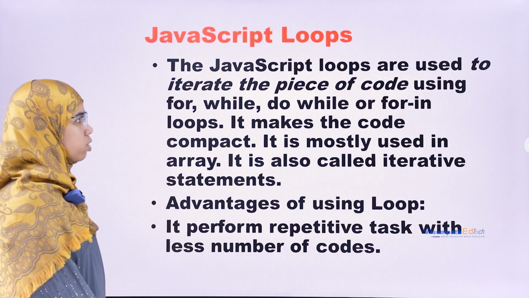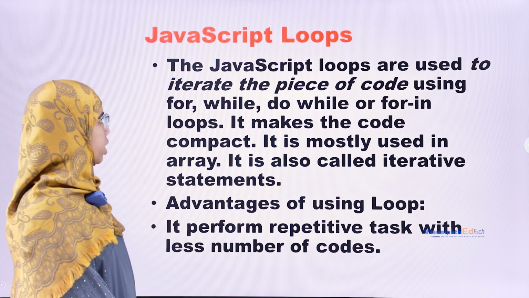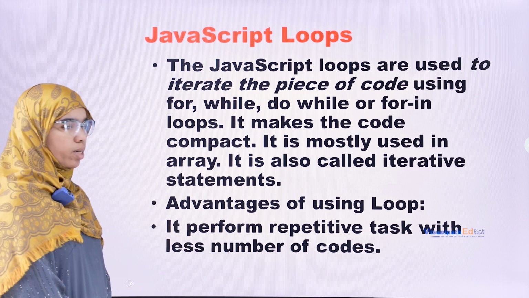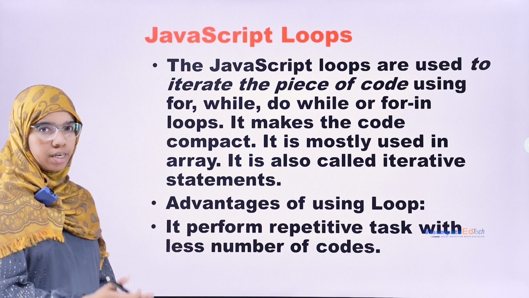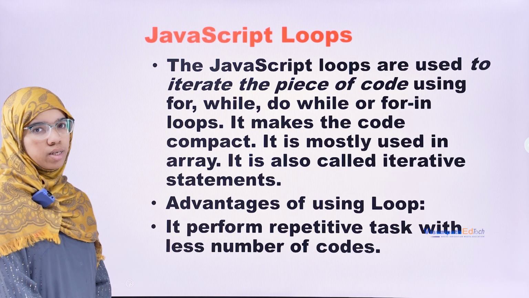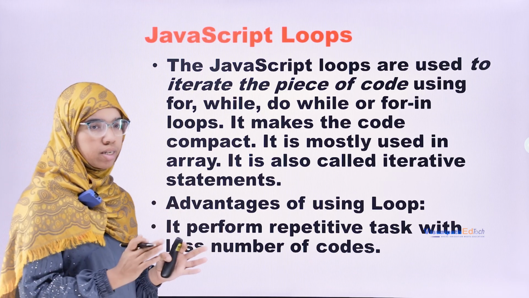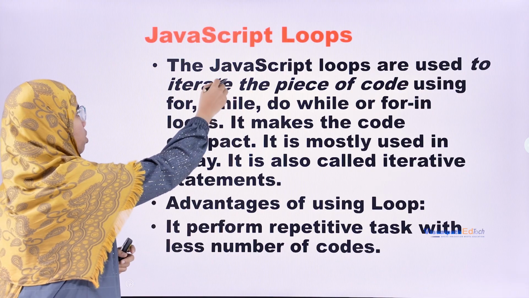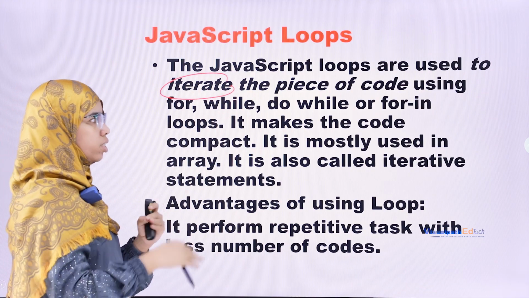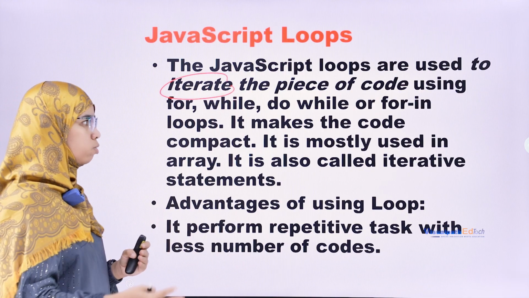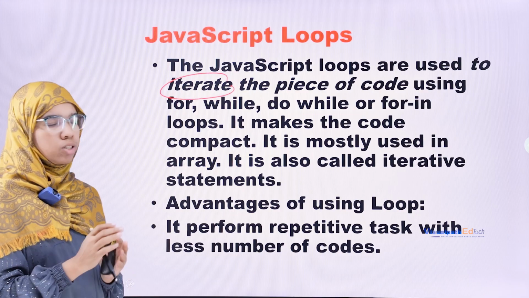Now, coming to the looping concepts in JavaScript, it is also a piece of code that will be executing on an iterative basis, or on a continuous basis, until the condition has been met, right? So it's a process where we will be continuously executing the code, not for one time, not for two times, but till the condition has been met.